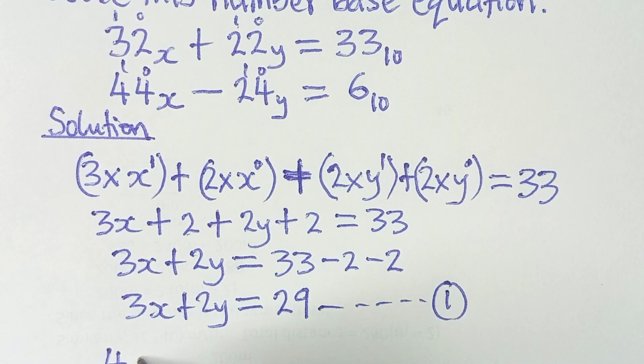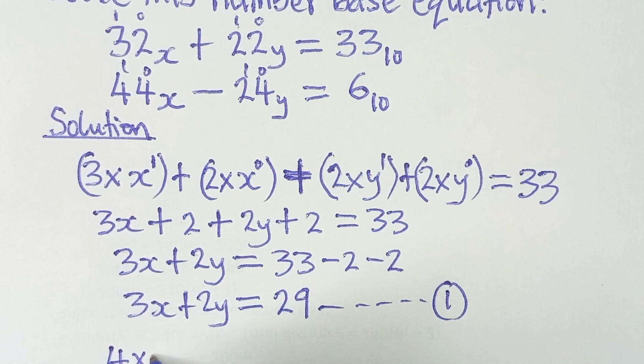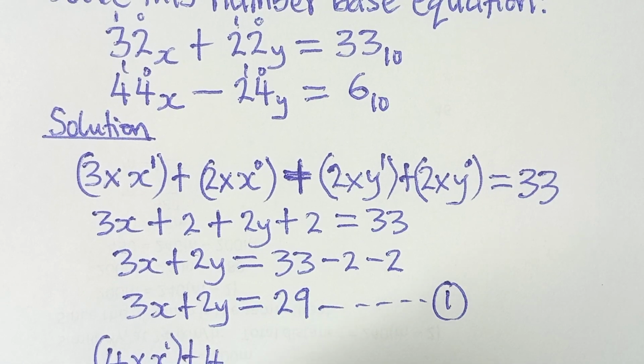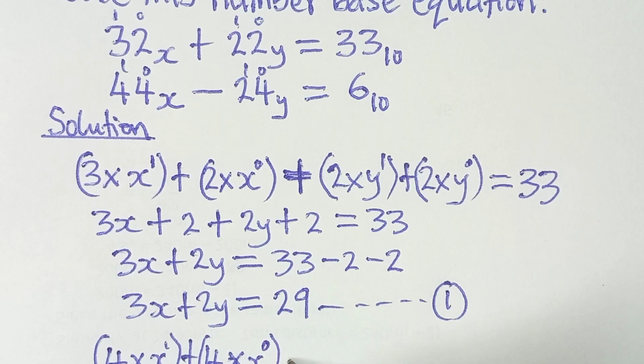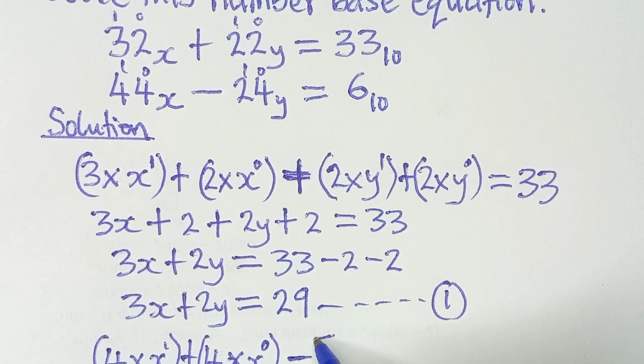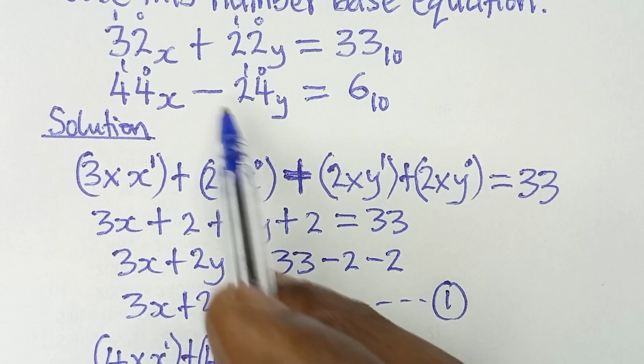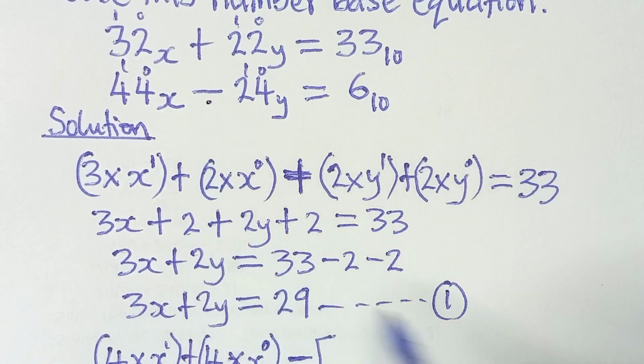So in the same way, we are going to say 4 multiplied by x raised to the power of 1, then plus 4 multiplied by x raised to the power 0, and then minus, don't forget we introduce a larger bracket. Because of this negative sign, we have to be very careful.